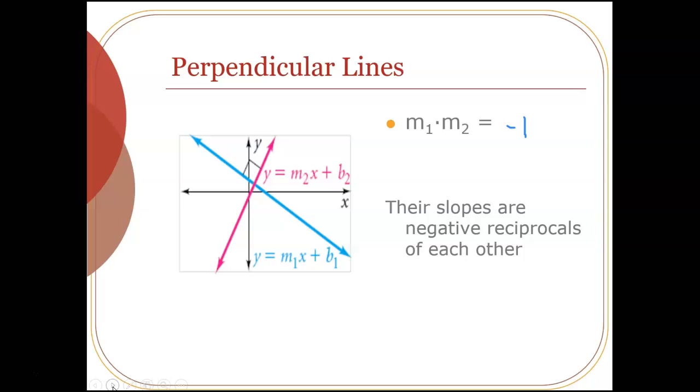For example, if the slope of M1 was a half, then the slope of M2 would be -2. So opposite reciprocal. So when you multiply them, you get -1. Perpendicular lines will intersect at a 90-degree angle.